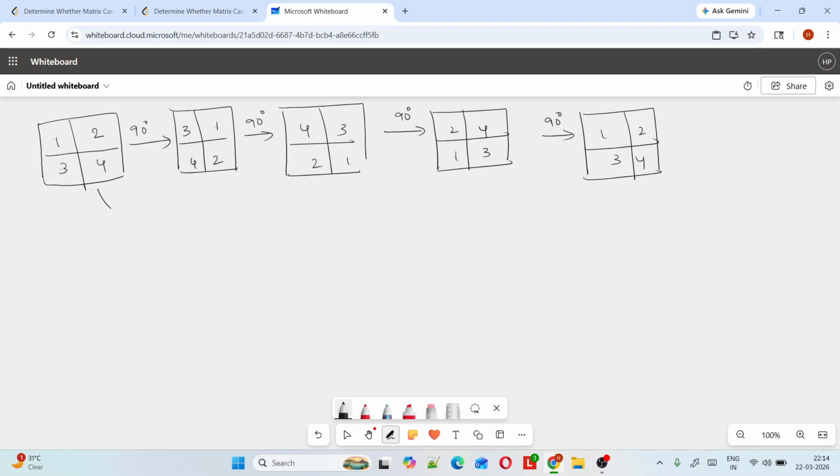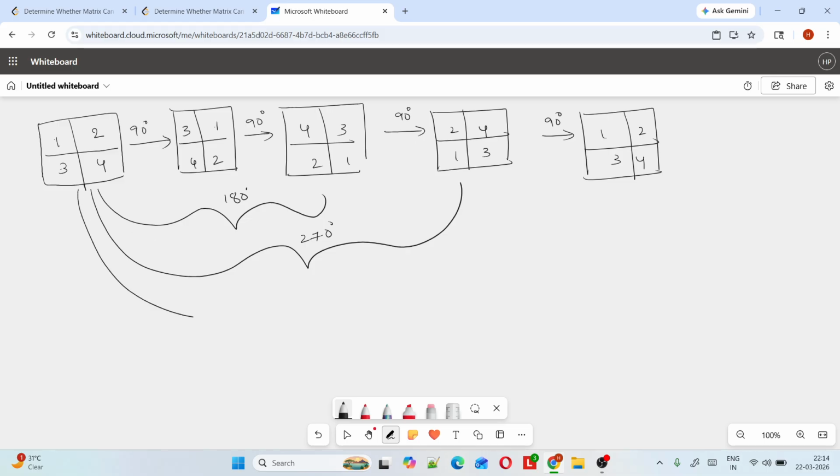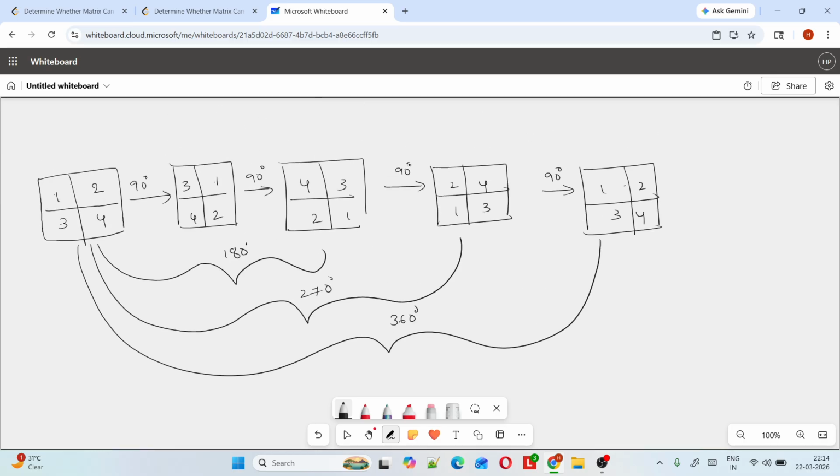If you rotate this matrix by 180 degrees, that looks like this. 270 is 180 plus 90, this one. 360 is this one. If you see, this and this are the same. Now we have target.